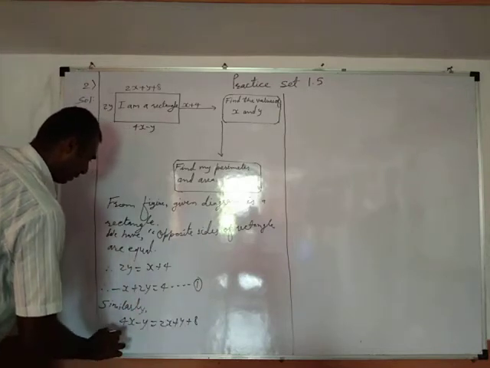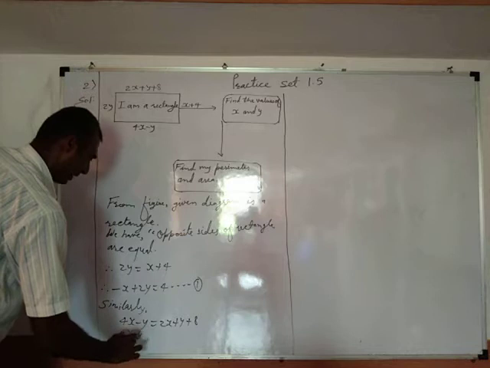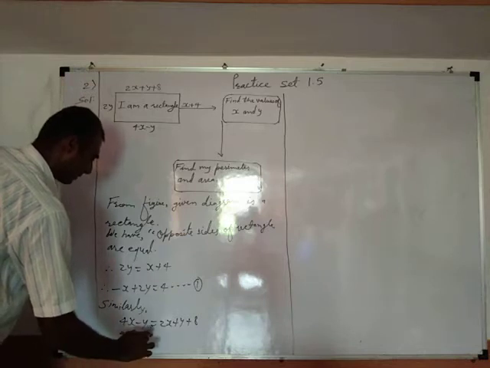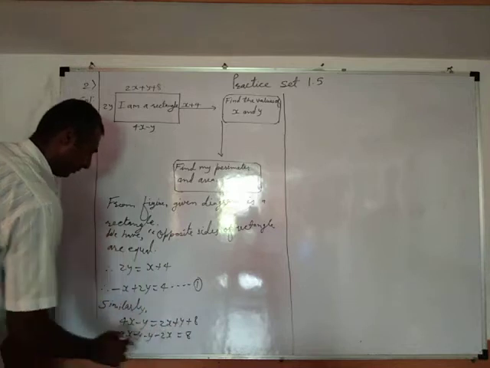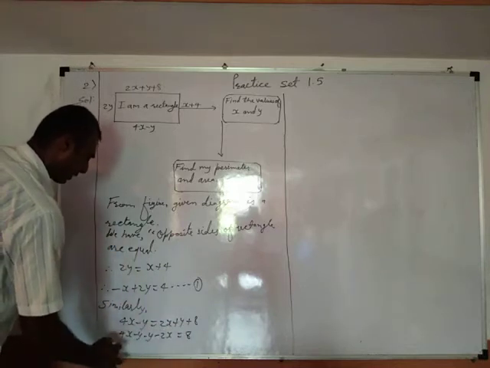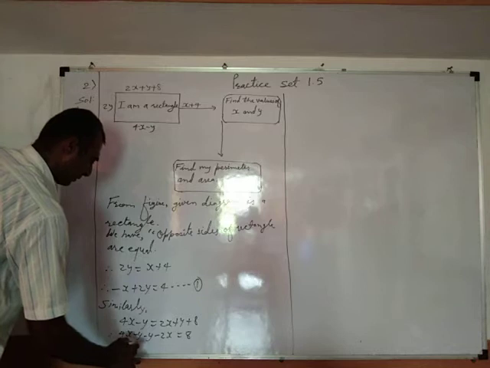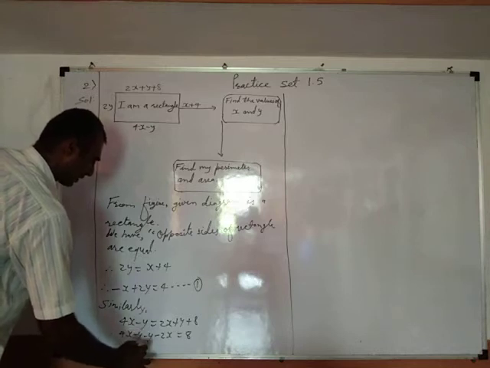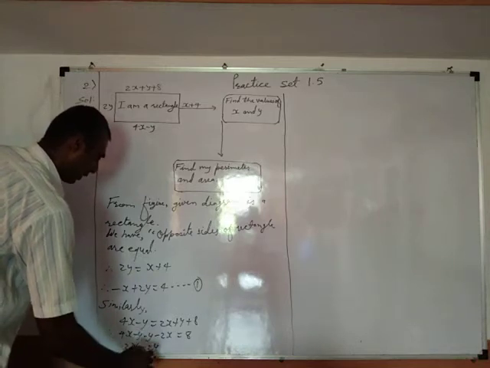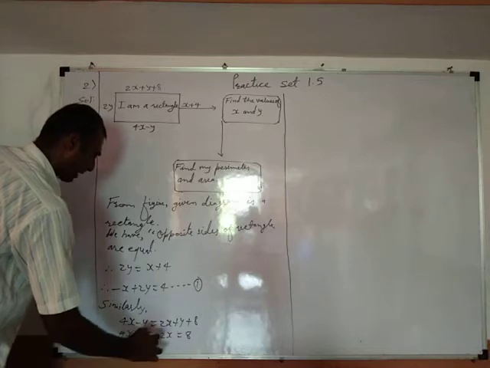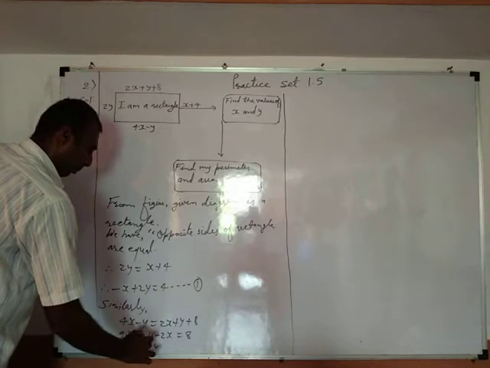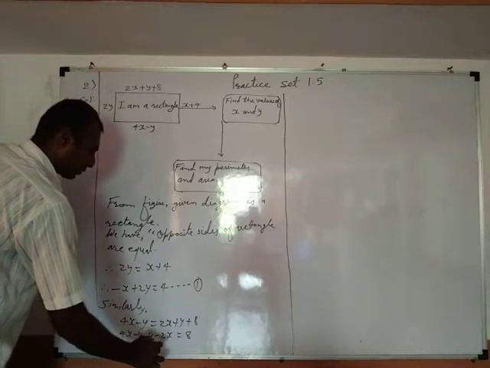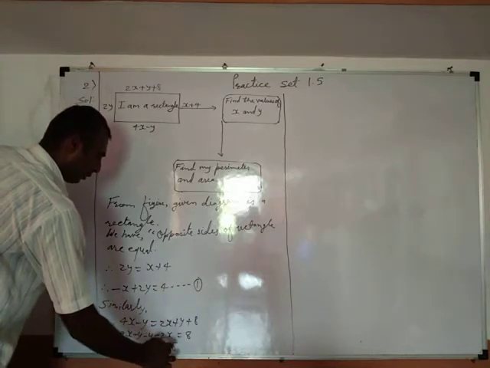And therefore 4x minus y minus 2x minus y equal to 8. Now 4x minus 2x gives us 2x, minus y minus y gives us minus 2y equal to 8.